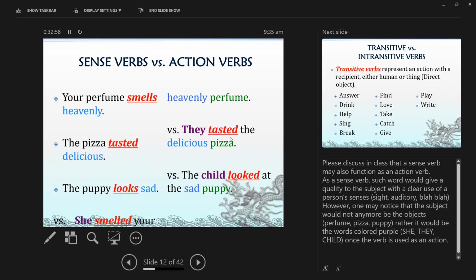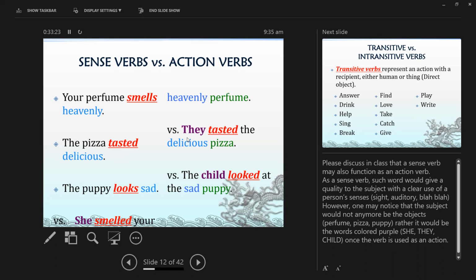Ginamit siya as action. Because the subject is they, okay? They tasted, so it's an action. Pero dito sa first example, it's a sense verb. The pizza tasted delicious, meaning it describes how the pizza tastes.